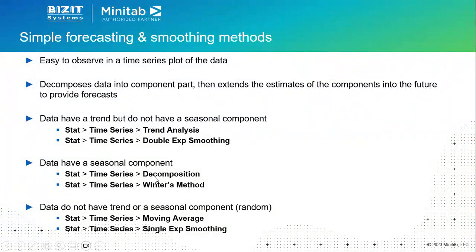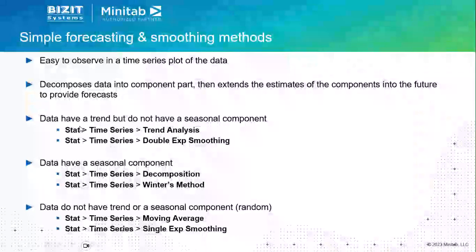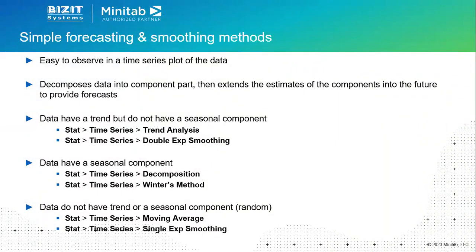For example, if you have only a trend in your time series plot and no seasonal component, you can proceed with trend analysis. Inside trend analysis we have many equations: linear, quadratic, S-curve and so on.